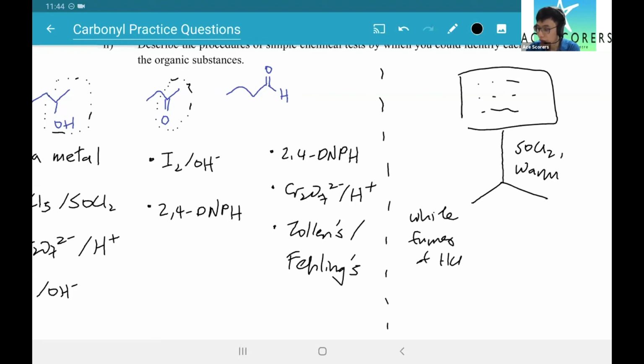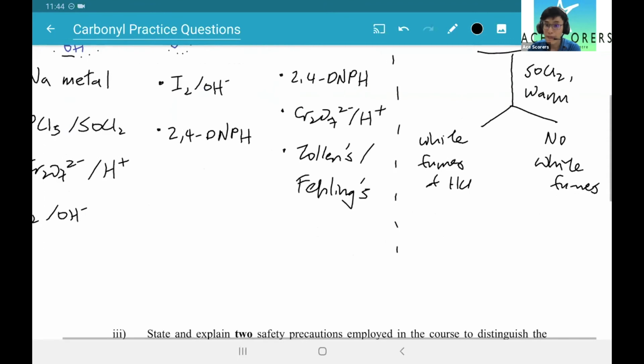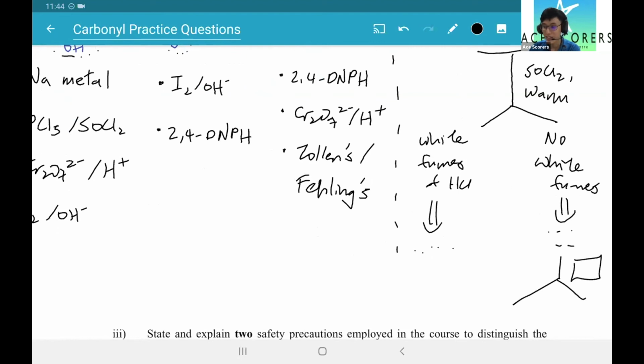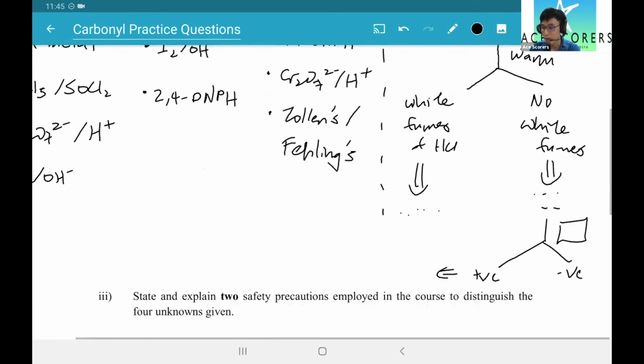Then the other side you got no white fumes. The white fumes one is the alcohol already. Then the no white fumes will be the other two. Then after that you do another test. You put the reagents and conditions here, the observations here, and the negative observation on the other side. And then you got the other two compounds already.